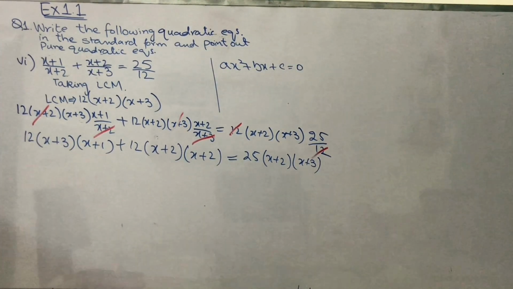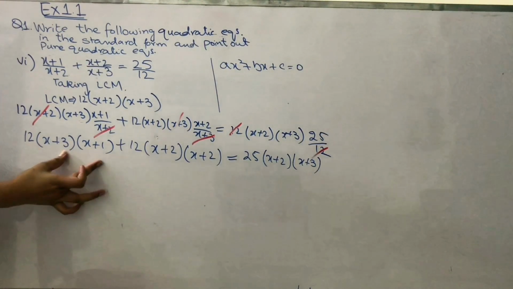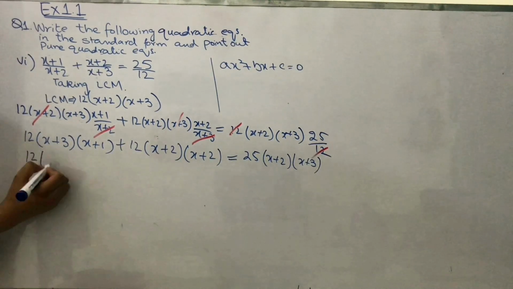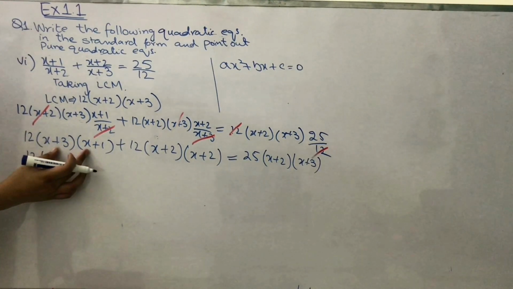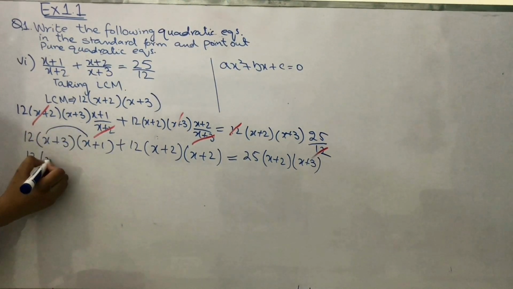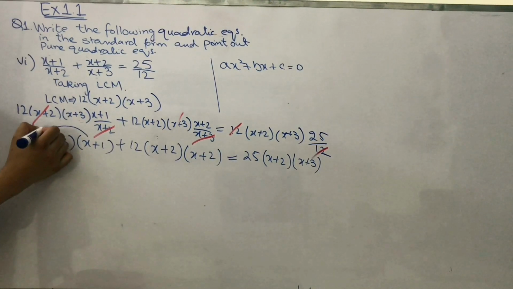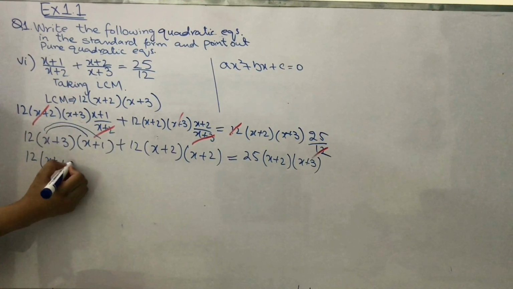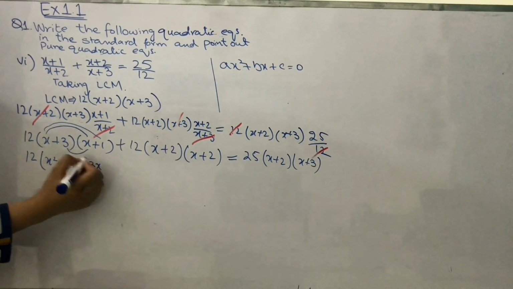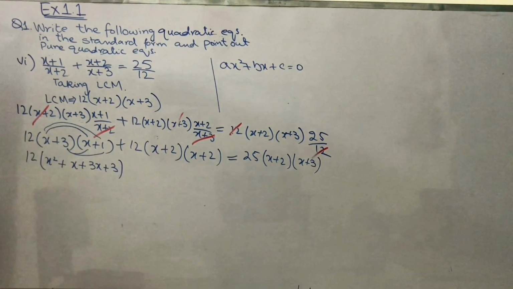Now in the next step we have to multiply these brackets. Now I think you should know how to multiply them. 12 times x square: x multiplied with x is x square, x times 1 is x, 3 times x is 3x, and 3 times 1 is 3, right?